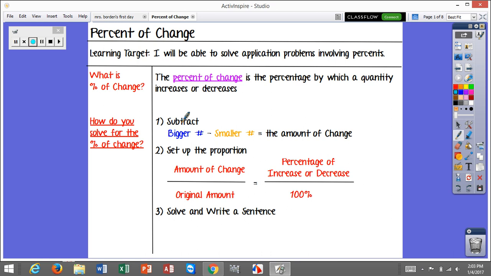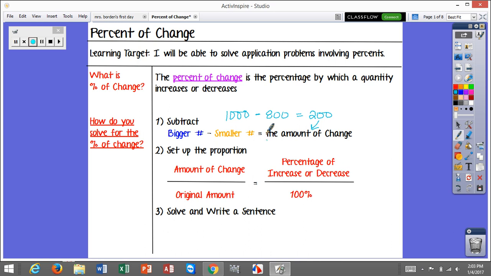First of all, this is a situation where, like, if you go to Best Buy, a TV is on sale and originally it costs $1,000, but it's now on sale for $800. So the difference in those two prices is $200, which would be considered the amount of change.